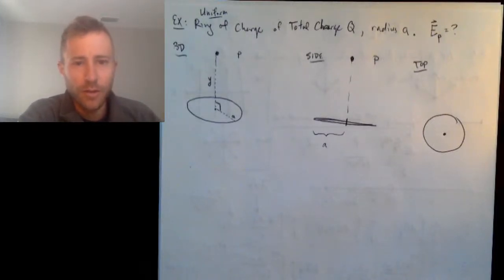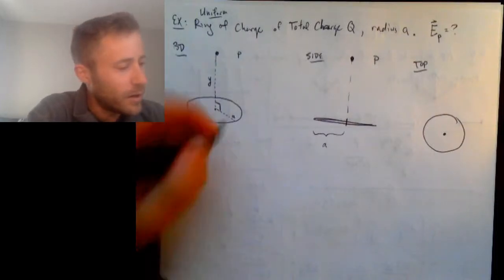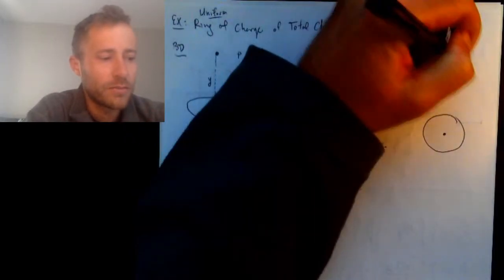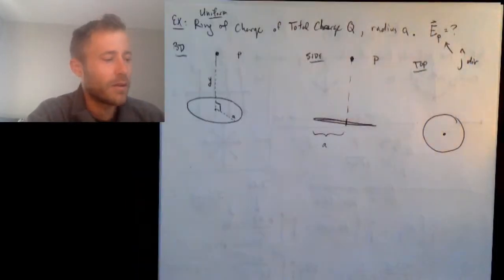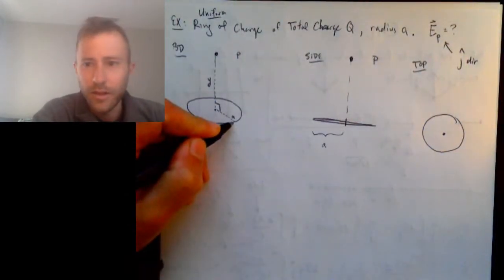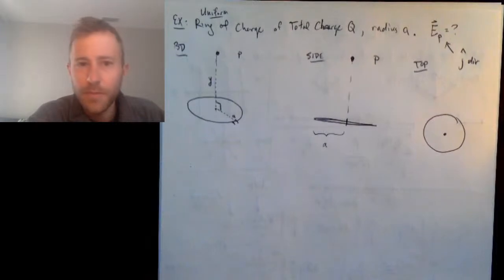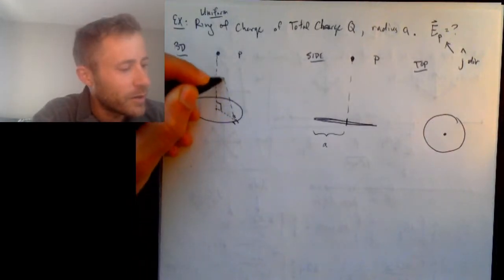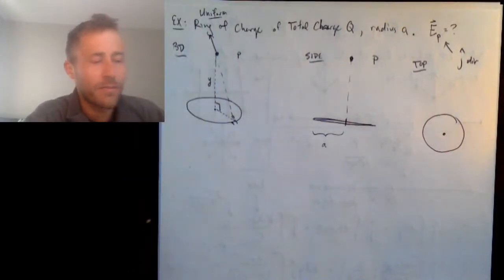I think it's fairly obvious because of the symmetry, the electric field has to point in the J direction. It's for the same reason as last time. If we look at a little piece of charge here, it is going to create an electric field that points in that direction.